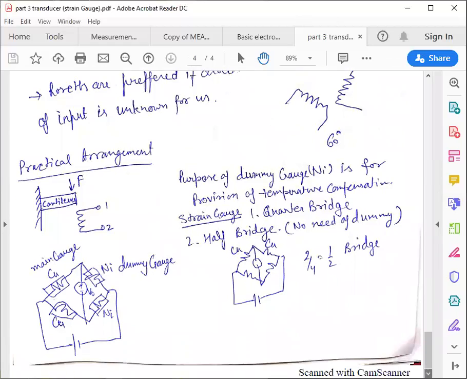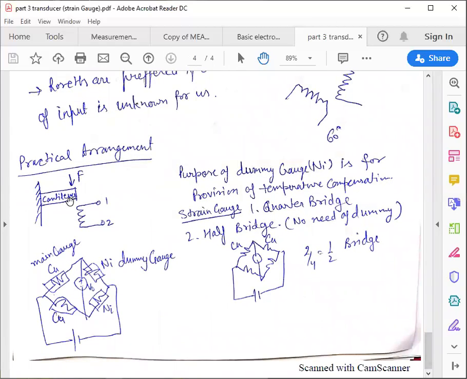Now practical arrangements. There is one cantilever shown where force is applied. That force will provide stress on this strain wire, and there will be a change in resistance, and with the help of the strain gauge we can measure this change and calculate our applied force.